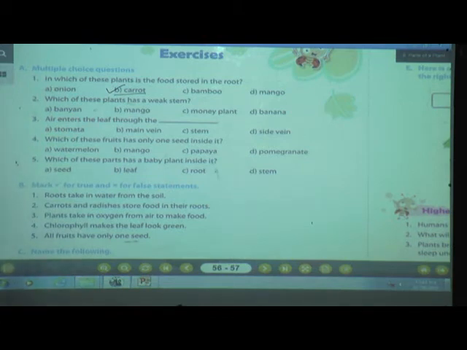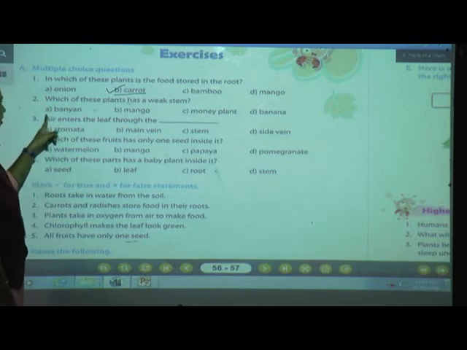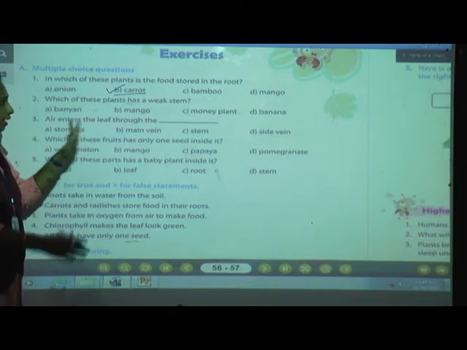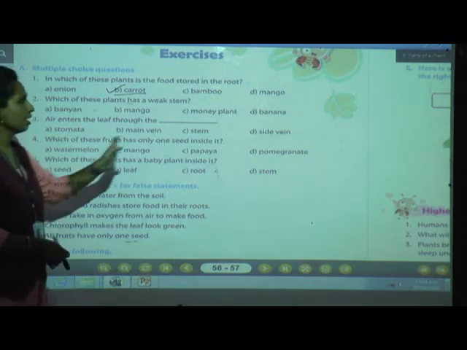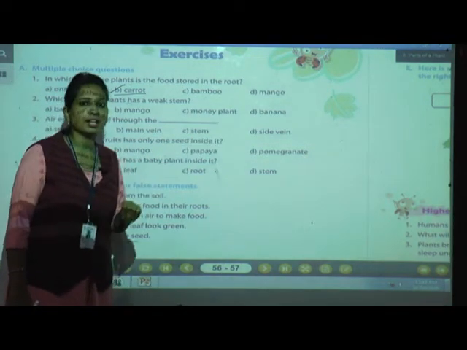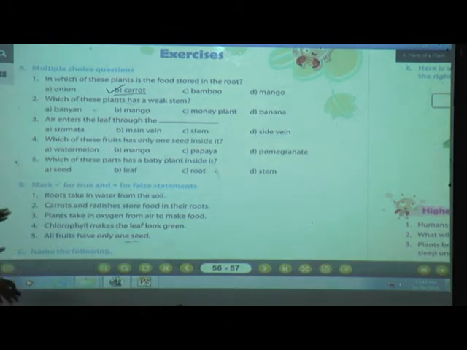The second question, which of these plants has a weak stem? See, banyan, no, it's a very big tree. Mango, no, mango is a very big tree. Money plant and banana. See, banana is also quite good. What about money plant, students?